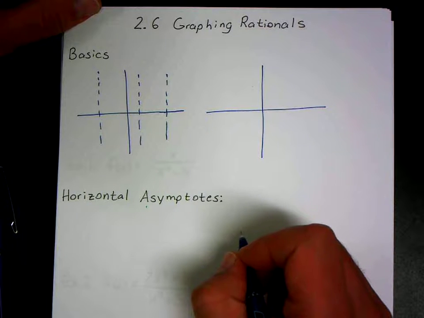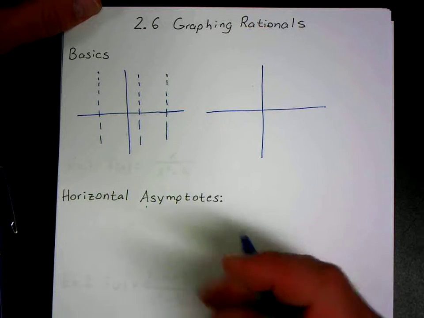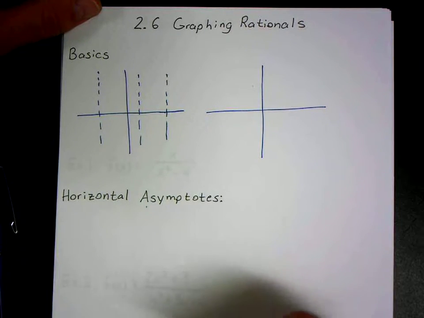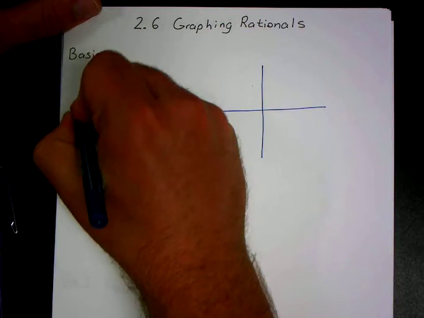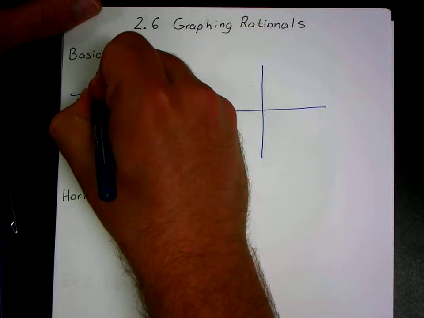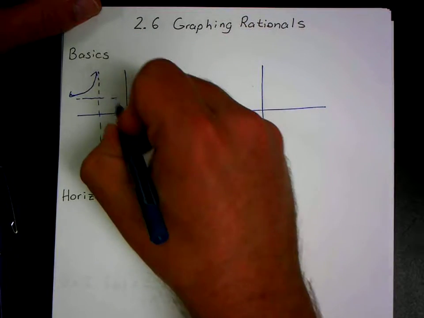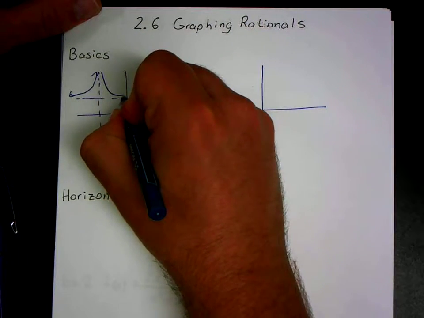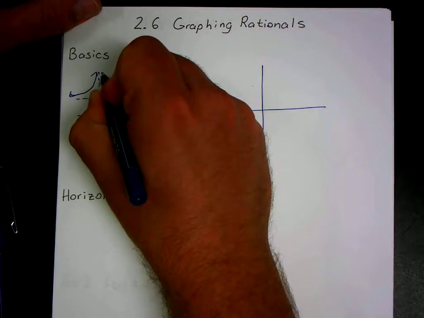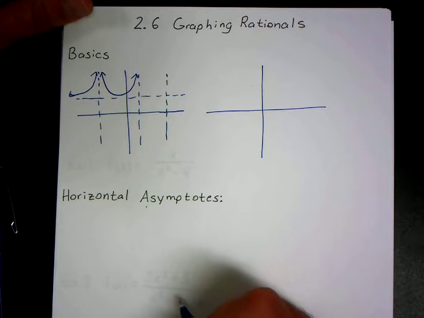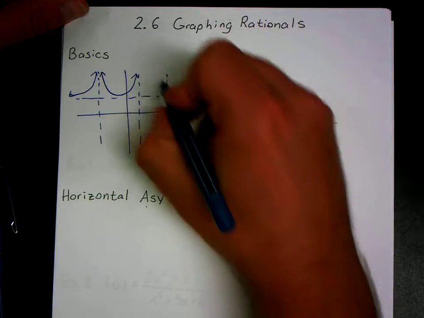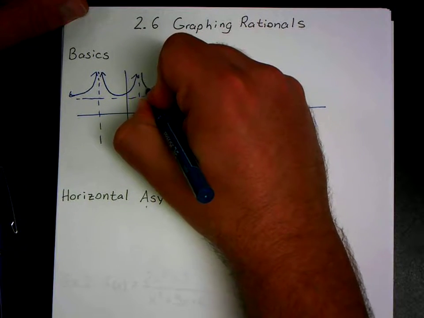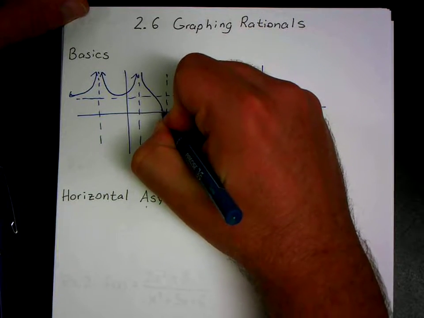We're restricted on horizontal asymptotes to having really one or none. And then our graphs usually look something like this. But the problem is, it's not actually restricted to that. Sometimes in the middle of this, we can actually have graphs that pass through our asymptotes.